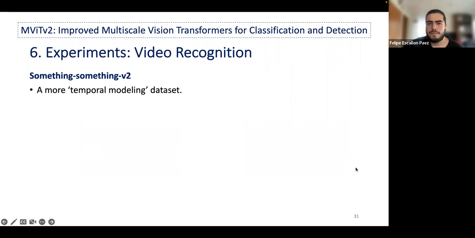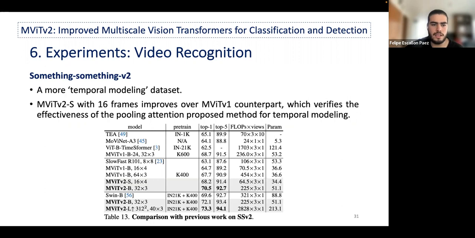They also evaluated on other databases. Here I include Something-Something V2, but they did a lot more databases. Once more, they were the state of the art, but once more they assured themselves that using the pre-training on ImageNet or even on Kinetics did improve their performance.